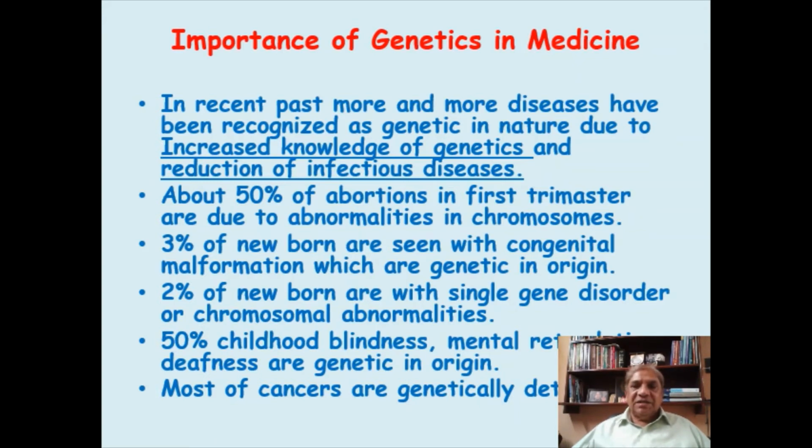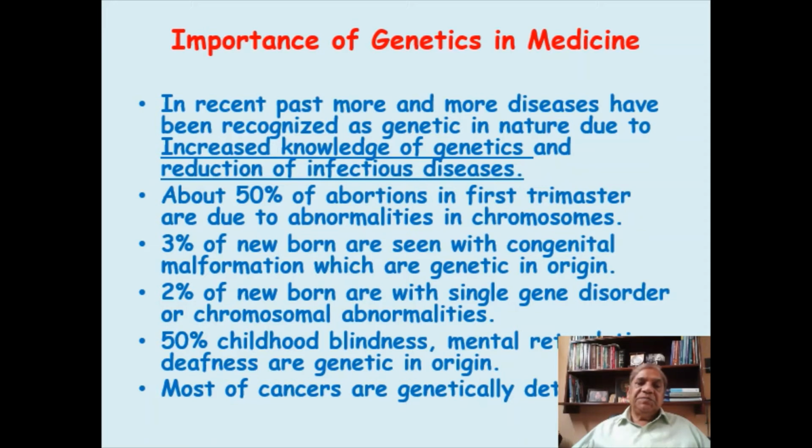These are genetic defects which you see by naked eye in many people, and then there are congenital malformations inside the organs of the body, which we cannot see, but these 3% of people are born with congenital malformations. Now 2% of newborns are born with single gene disorder or chromosomal abnormality.